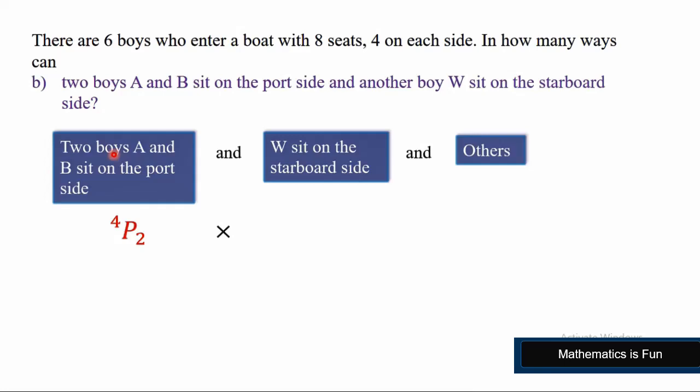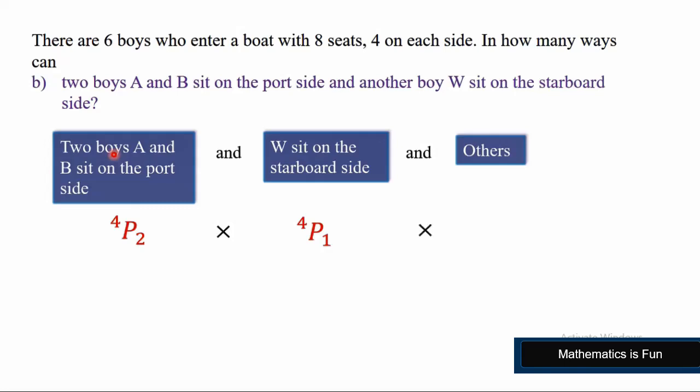And then W has to sit on the starboard side, and there are 4 seats on the starboard side. So we have to arrange this one boy on 4 seats, so there are 4P1 different ways to sit on one of the 4 seats.